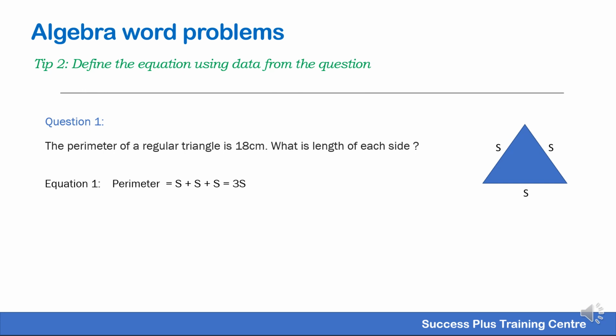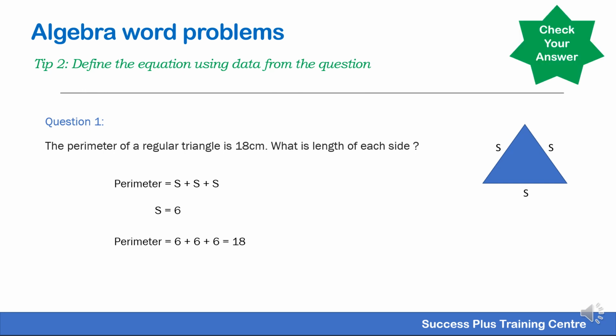This means perimeter equals S plus S plus S, which equals 3S. The question clearly stated that the perimeter equals 18 cm. This means 18 equals 3S. To find the value of S, I need to divide both sides by the number 3. This means S equals 6. So the length of each side of my triangle equals 6 cm.